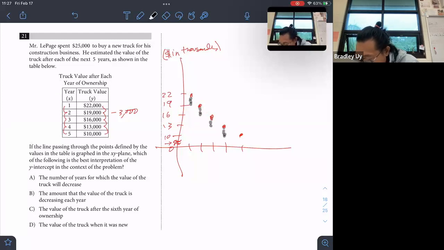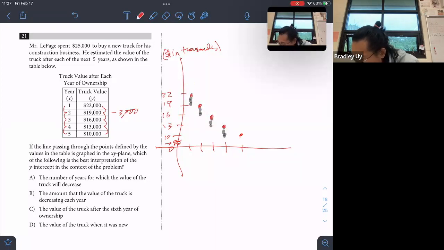If the line passing through the points defined by the values in the table is graphed in the XY plane, we made a sketch, which is the best interpretation of the y-intercept. The y-intercept would be right up here, above 22,000. 22,000 is right here, that's why. So it's like backing this up one step.